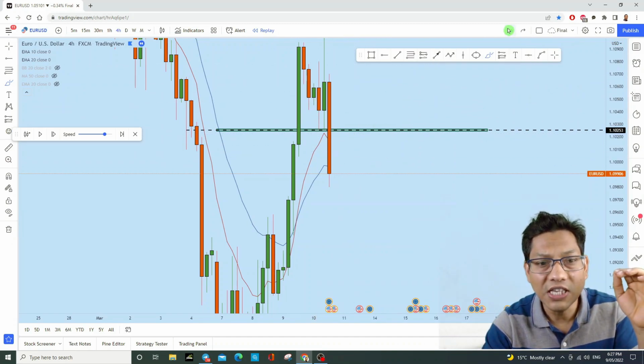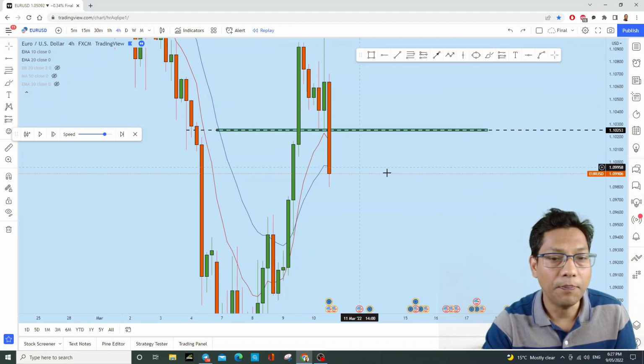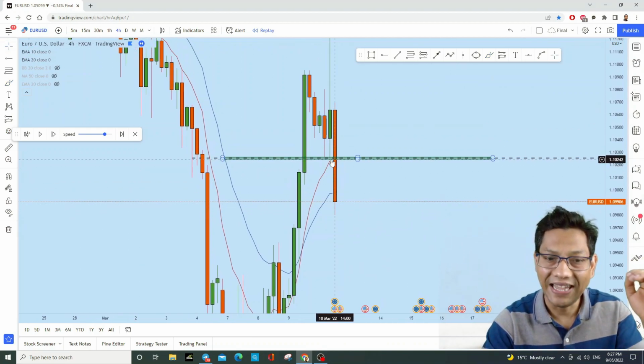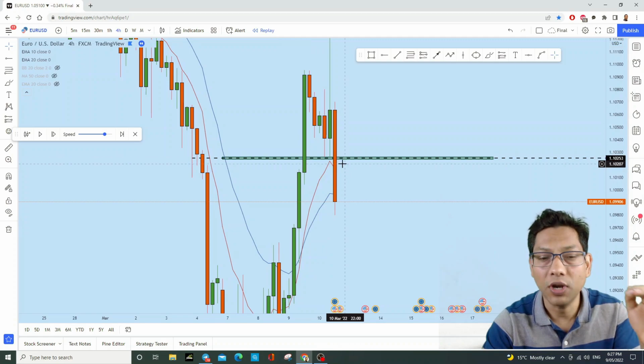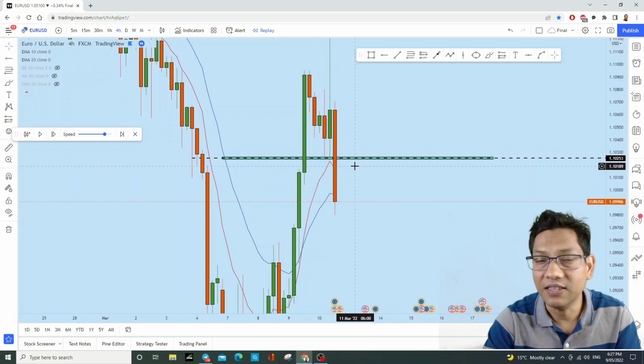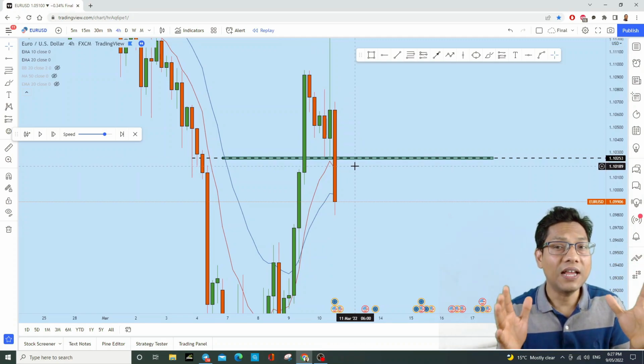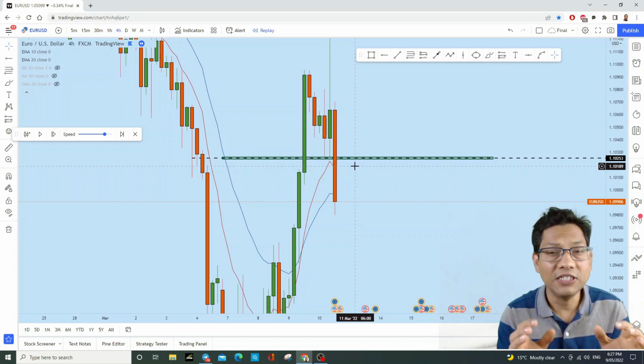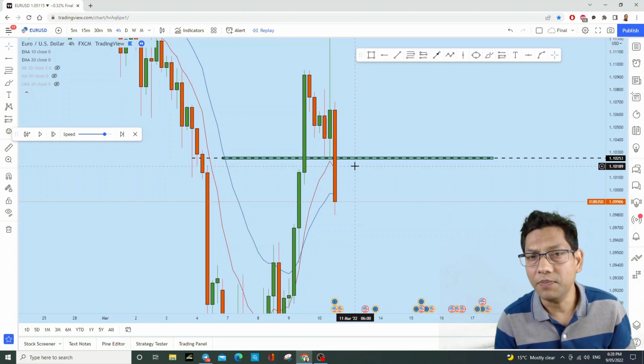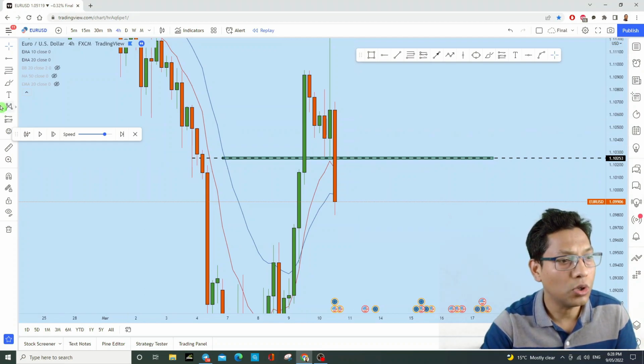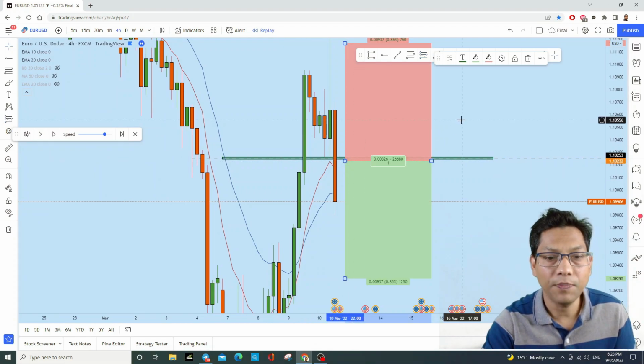In most cases, you will find that the price is going up there, testing this previous support as a resistance, and then the price will move, and that is the right way to place a pending order so that the trade is triggered. At the same time, you have a proper risk to reward ratio. So if we consider this one here, let's say you place a pending order here.